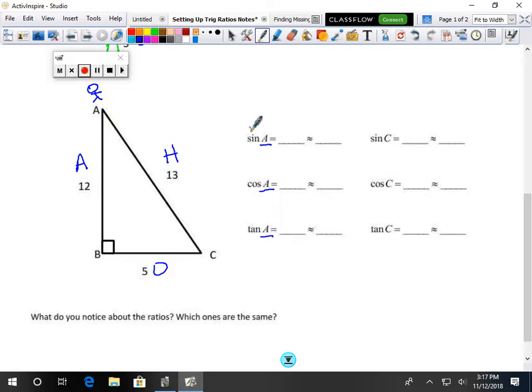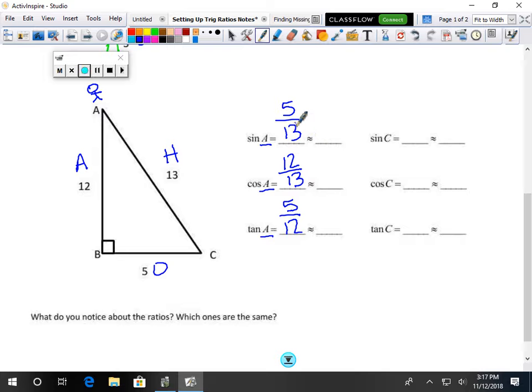If I set up my ratios, sine is opposite over hypotenuse, so from angle A that would be 5 over 13. Cosine is adjacent over hypotenuse, so cosine of angle A would be 12 over 13. And tangent is opposite over adjacent, so that would be 5 over 12.